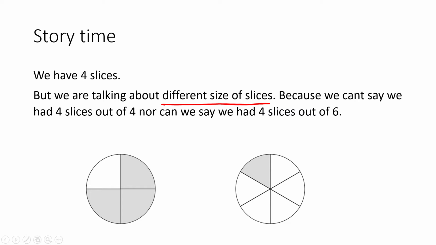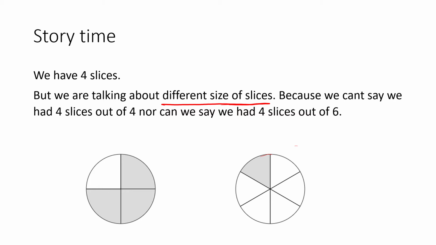We cannot say that we ate 4 slices out of 4, nor can we say that we ate 4 slices out of 6. As you can see, one slice of the pizza that is cut into 6 is way smaller than one slice of the pizza that is cut into 4 slices.